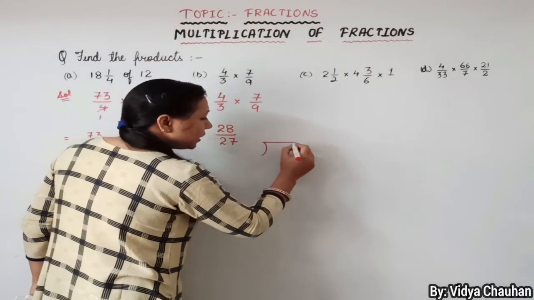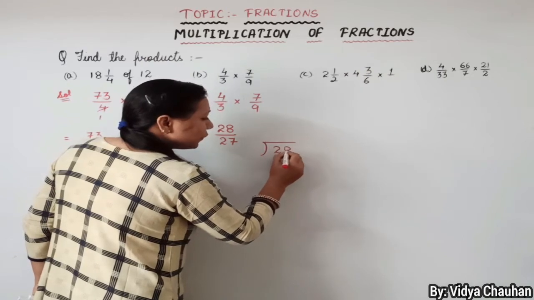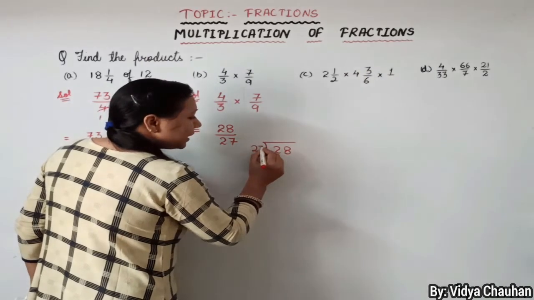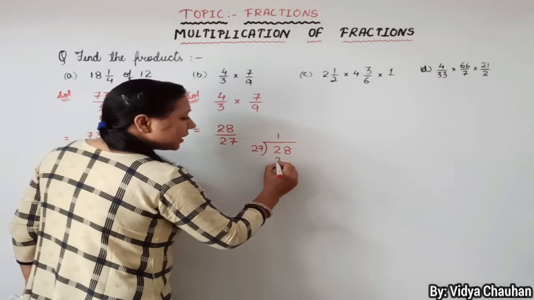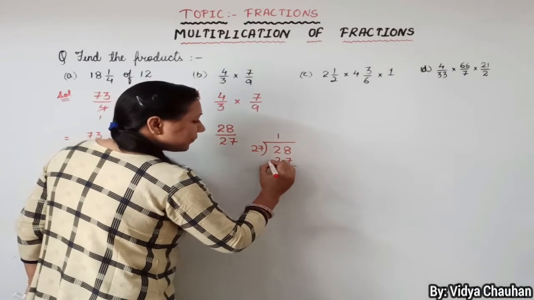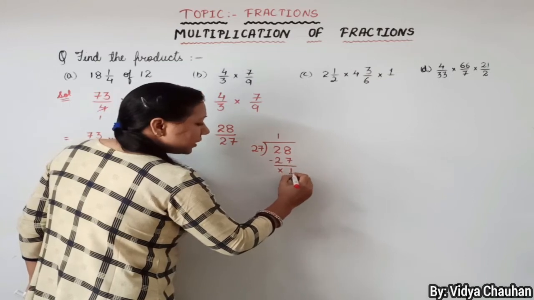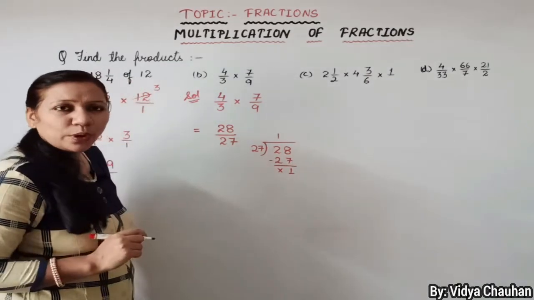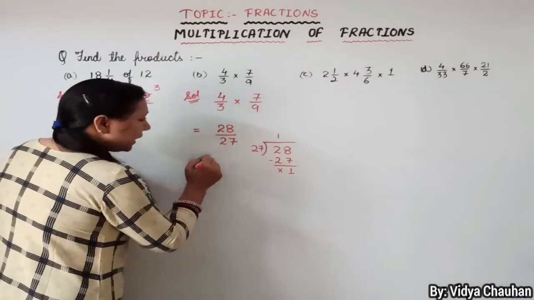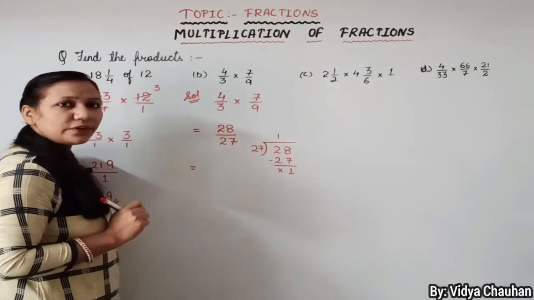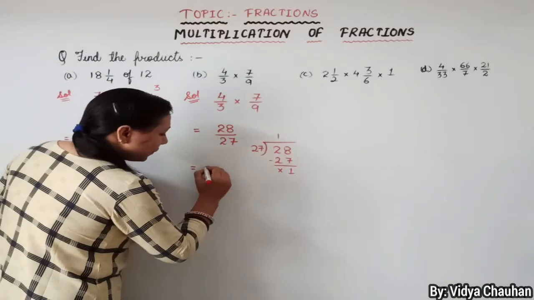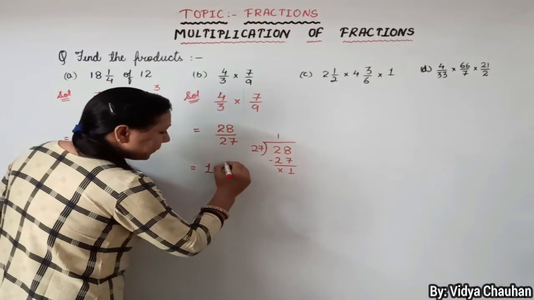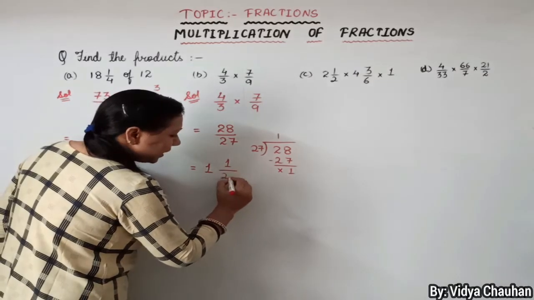We need to convert it into a mixed fraction. So for that I will divide 28 by 27. 27 ones are 27. What is the remainder left? Remainder is 1. So now let's write 28 upon 27, the improper fraction, as a mixed fraction. So we can write it as 1 and 1 upon 27.